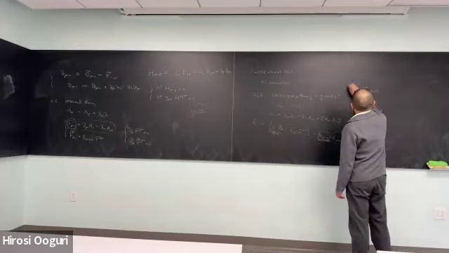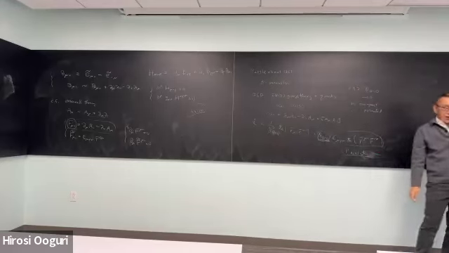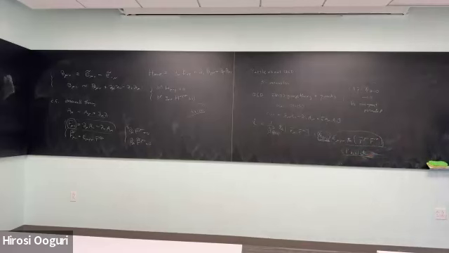So this is a scenario that people propose to explain why theta is small or possibly zero. Okay? So that's a leading idea.